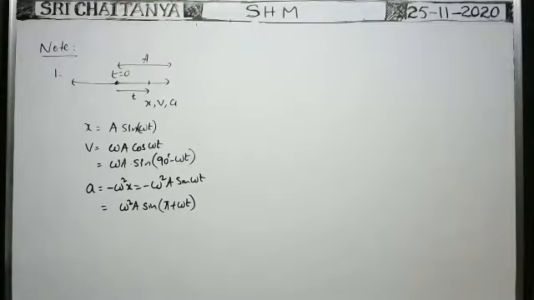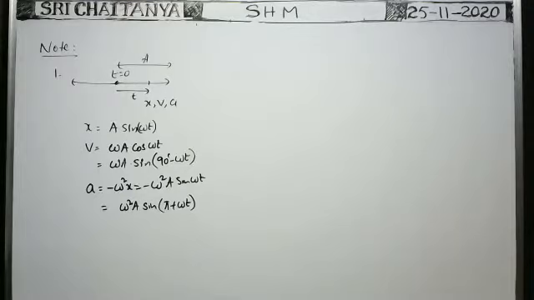Now, what is the phase difference between displacement and velocity? Phase difference between velocity and acceleration, and so on. We have to find the phase difference between different physical quantities.